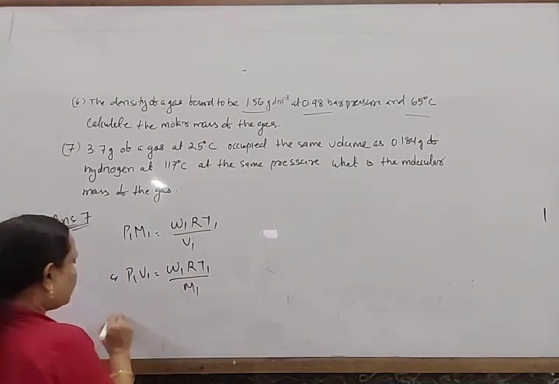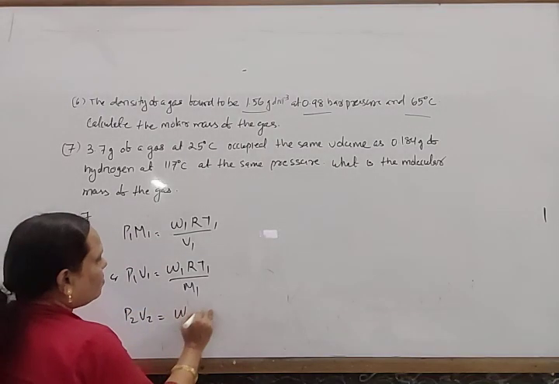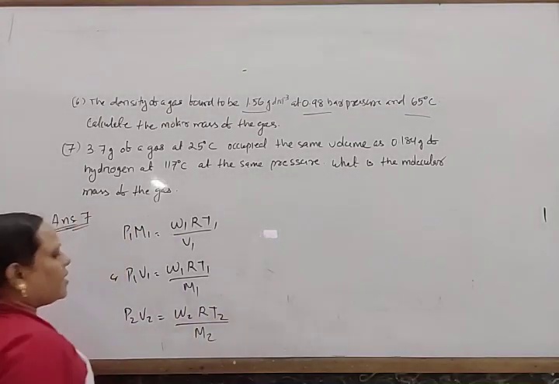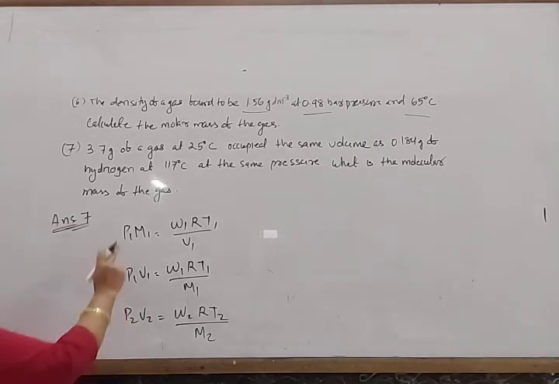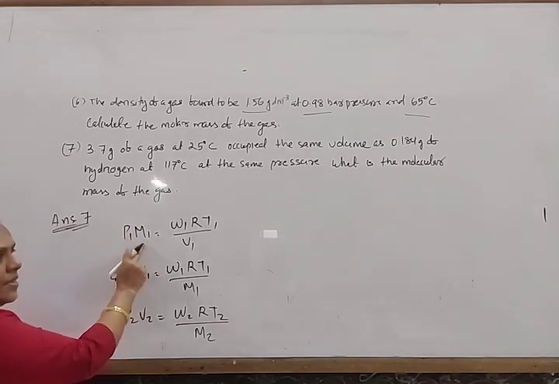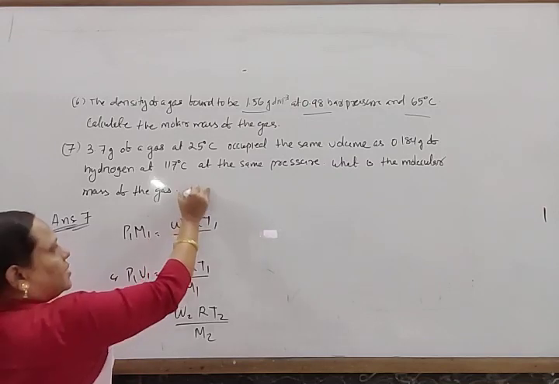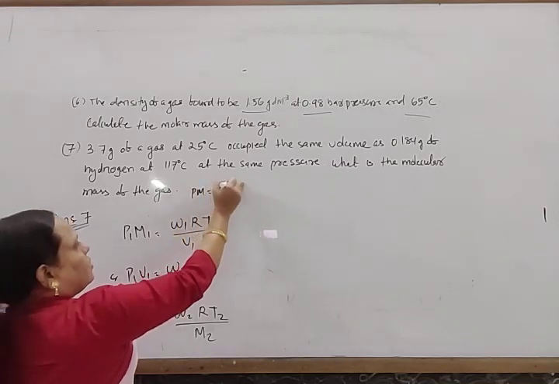Similarly, P2V2 equals W2RT2 by M2. This is the ideal gas equation.